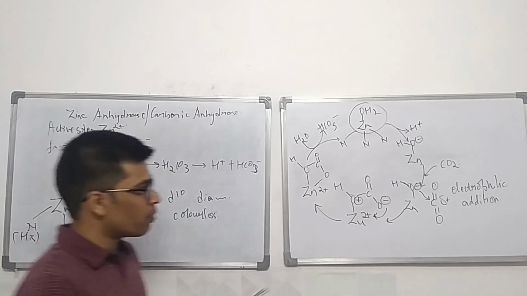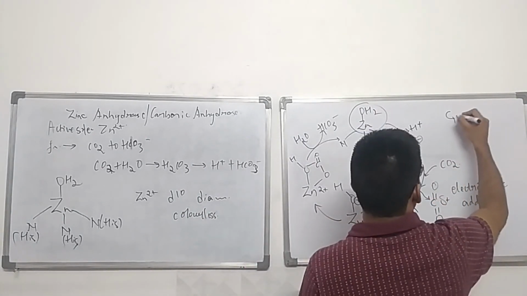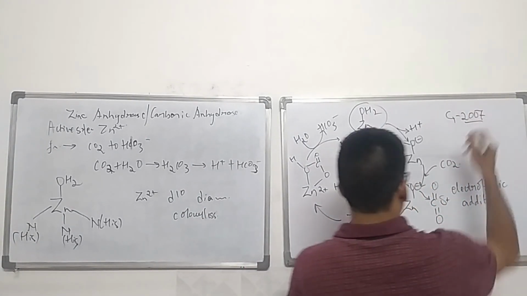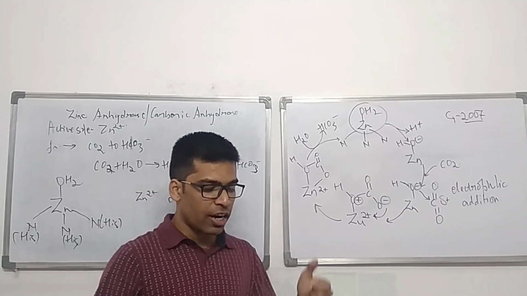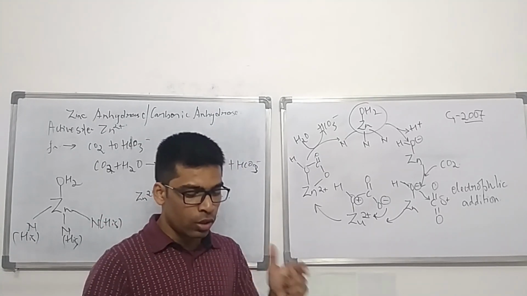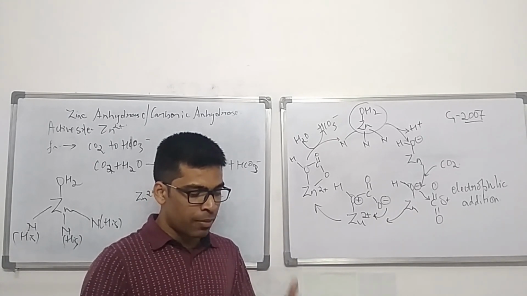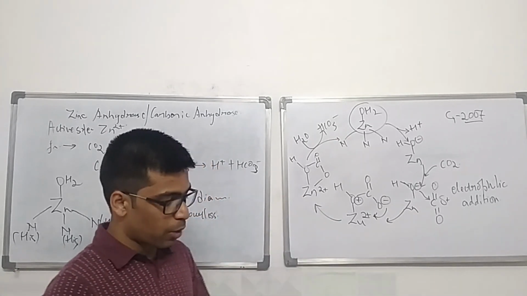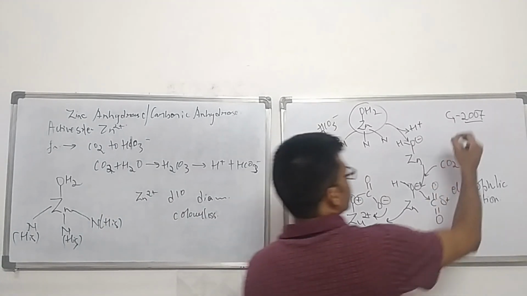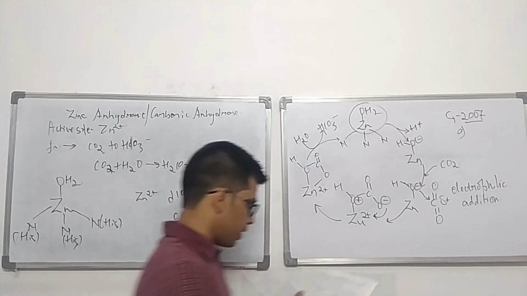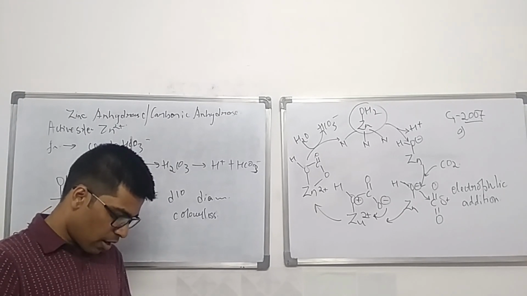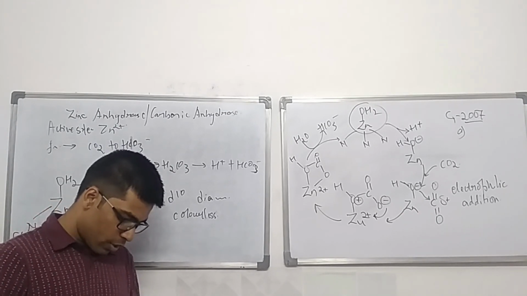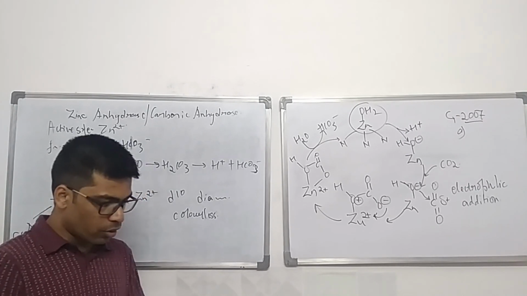So the question from here is GATE 2007, and the question says zinc in carbonic anhydrase is coordinated by 3 histidines and 1 water molecule. The reaction of CO2 with this enzyme is an example of, as I told you, electrophilic addition. So that is option number A. Let me see if there are any other questions that I am still left to discuss. I don't think so.